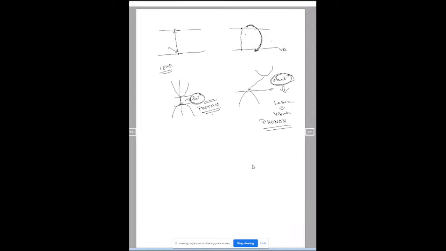So in an indirect bandgap semiconductor, you get heat which goes to the lattice, but in a direct bandgap semiconductor, energy is released in the form of a photon. So in this material, when an electron recombines, this recombination is accompanied by emission of a photon. So this material will be emitting light. It will be an emitter, right? It will emit light through recombination.